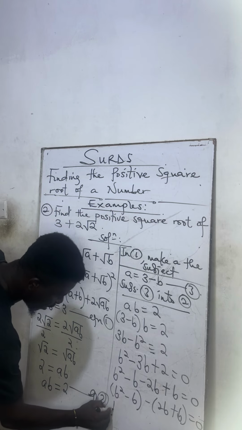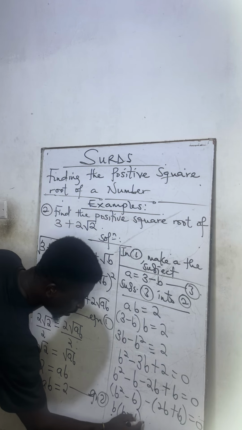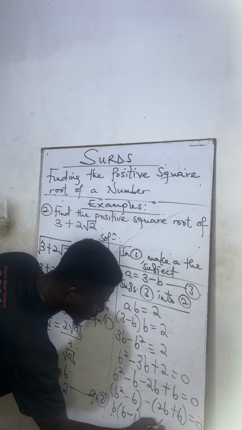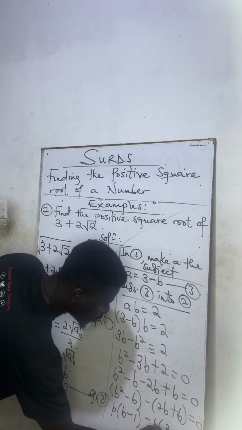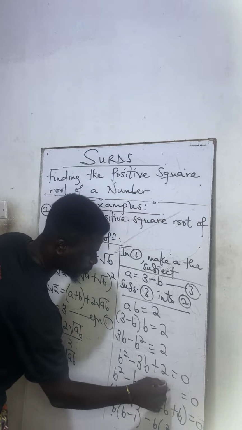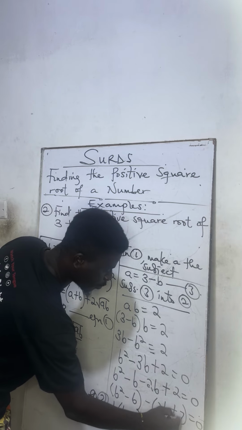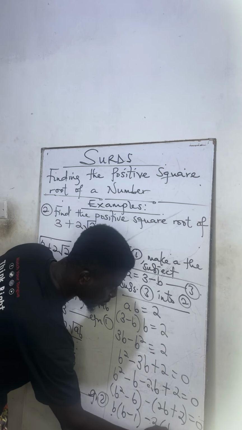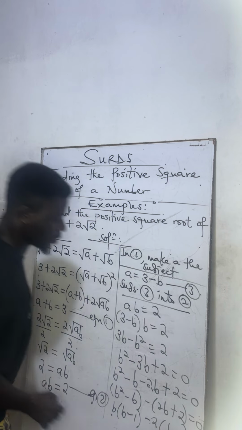Common factor, we have b out: b minus 1, minus 2 out: b minus 1, equals 0.